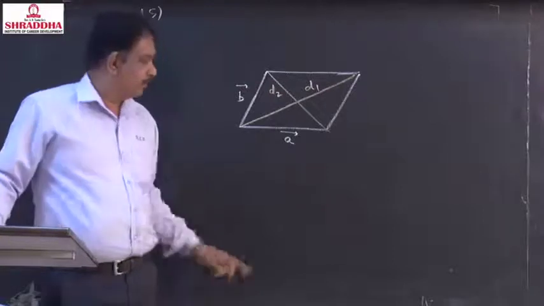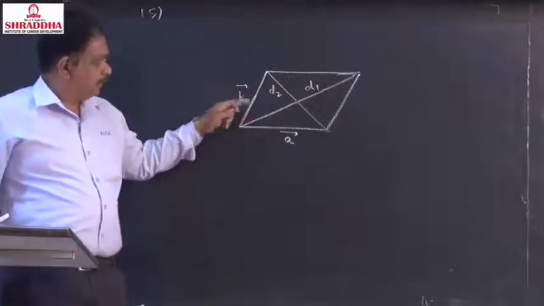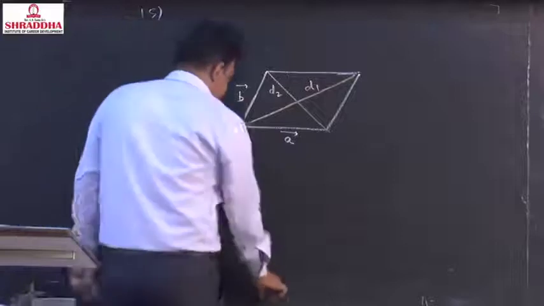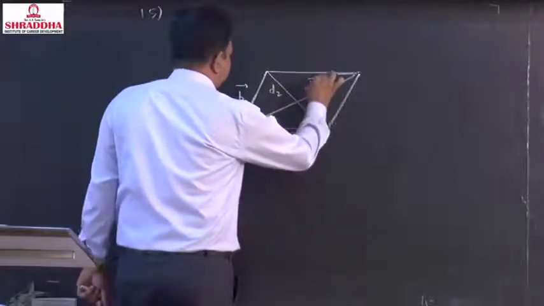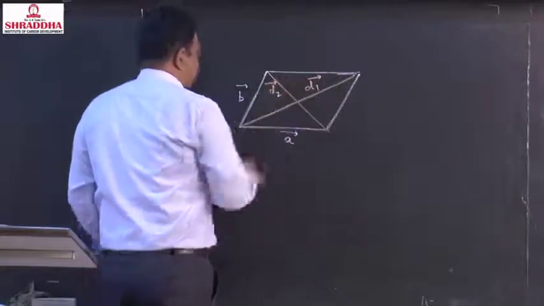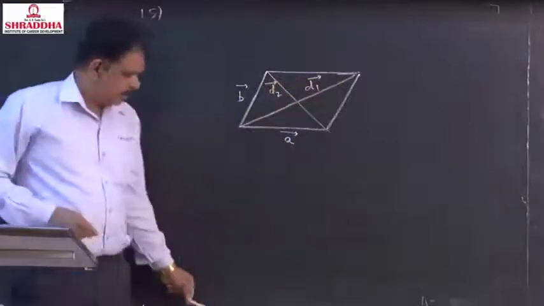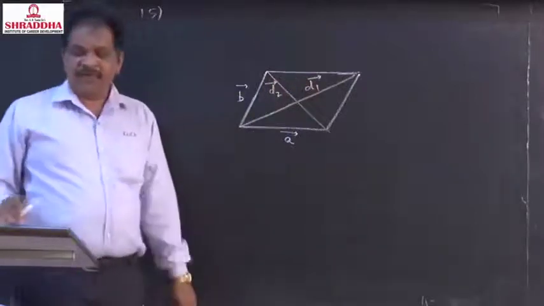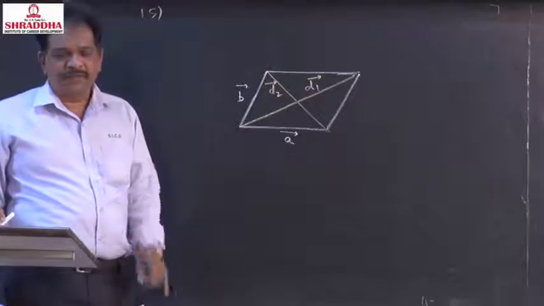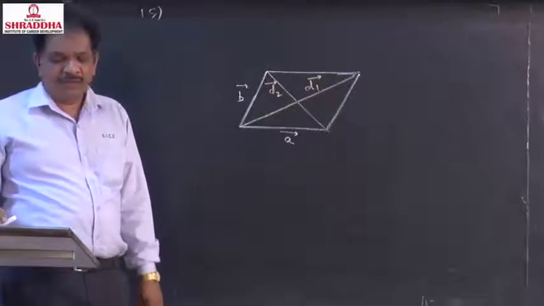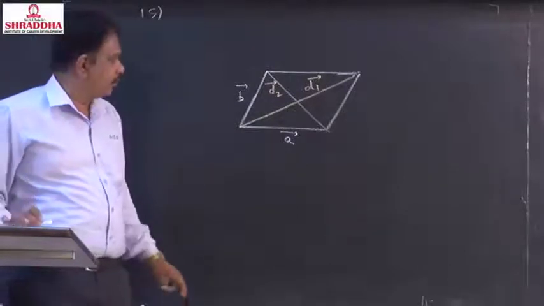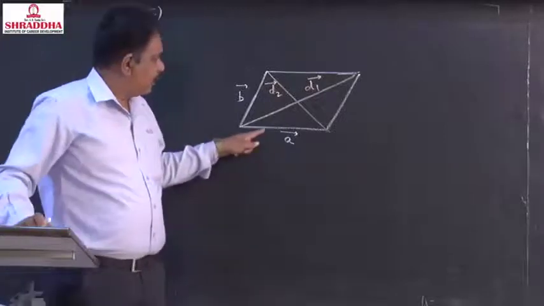Is it clear? So these are the diagonals. This will be D1 bar, next D2 bar, then A square plus B square expressed in terms of D1 and D2 they gave. Okay. So then what will happen?